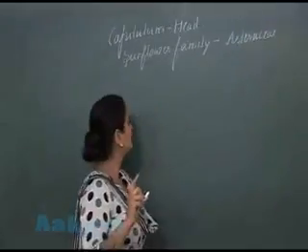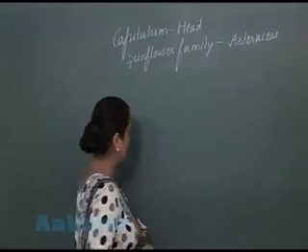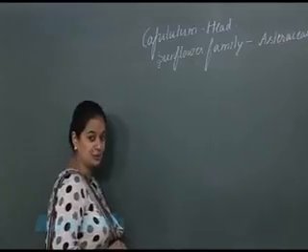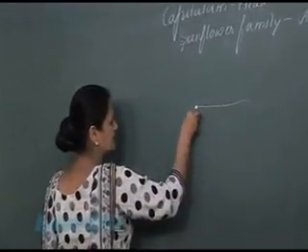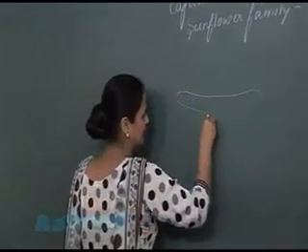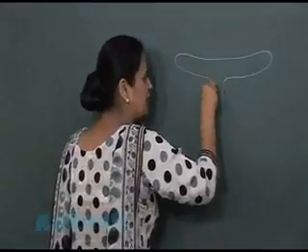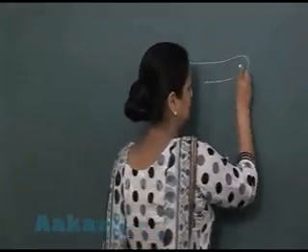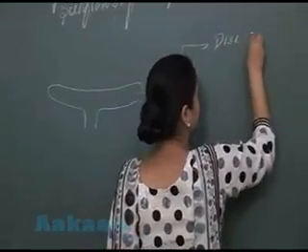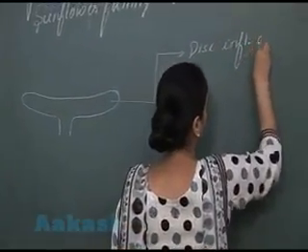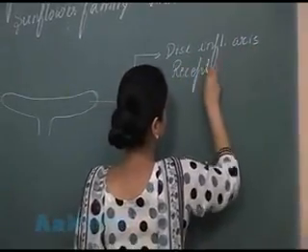So here I will be discussing capitulum inflorescence in the case of the sunflower. Now the one feature which is associated with this inflorescence is that the inflorescence axis is expanded, and it is in the form of a disc. So this I am forming disc shape inflorescence axis, and this axis is known as receptacle.